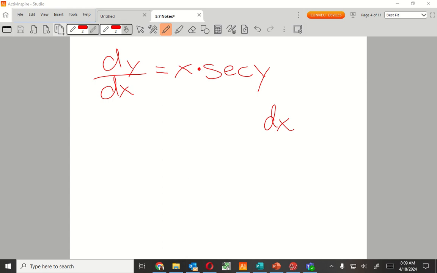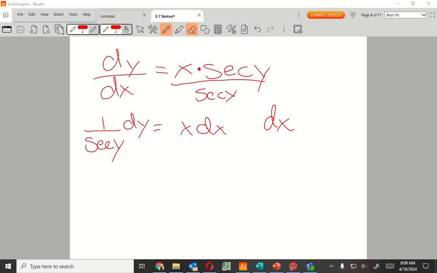So now it's going to look like this. Since I'm going to divide both sides by secant y, this is going to be 1 over secant y dy is equal to x dx. That's what we're doing by separation. But 1 over secant is the same as saying what?